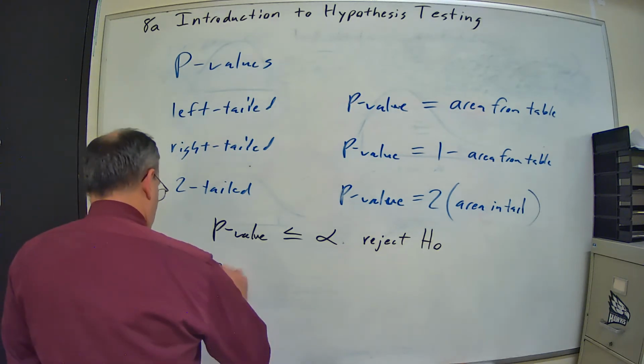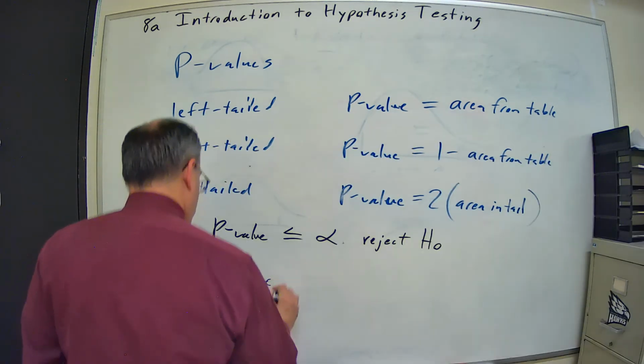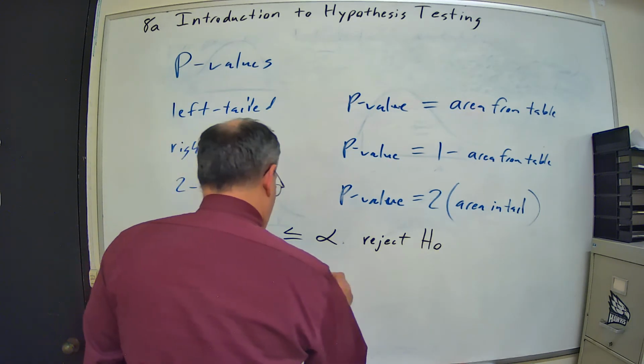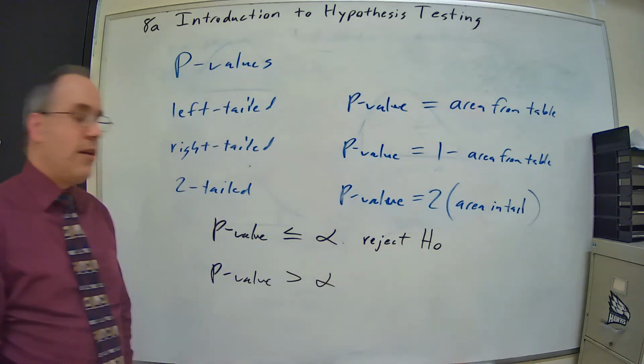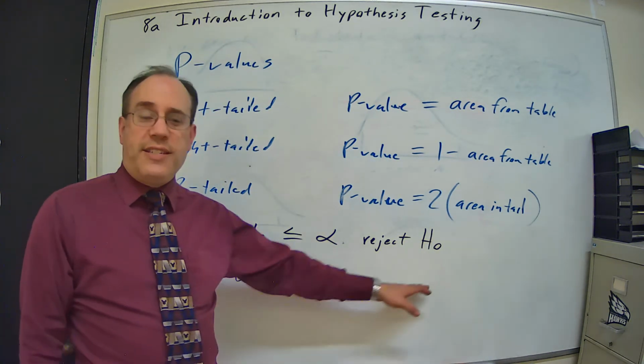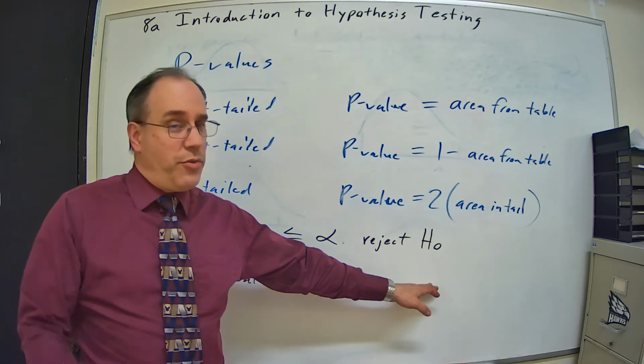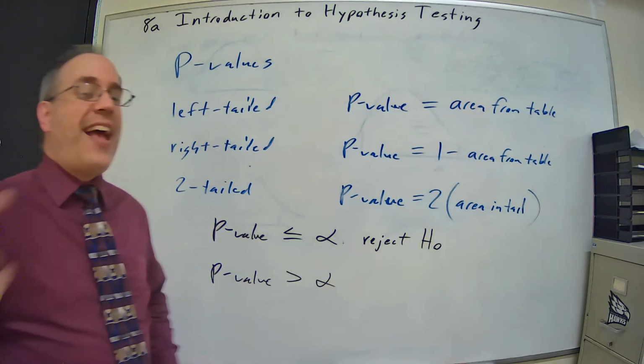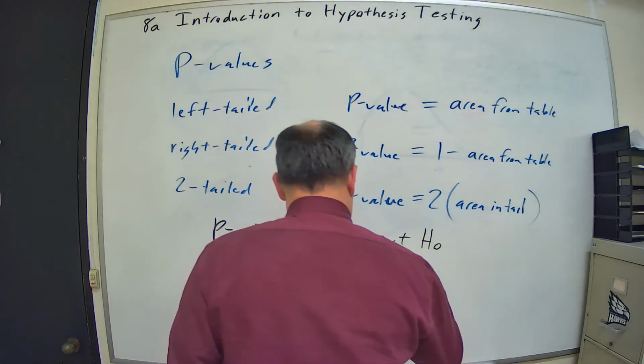And if the p-value is greater than alpha, then we know we don't accept the null hypothesis. We don't do that. We fail to reject the null hypothesis.